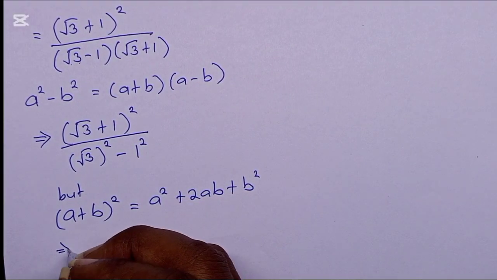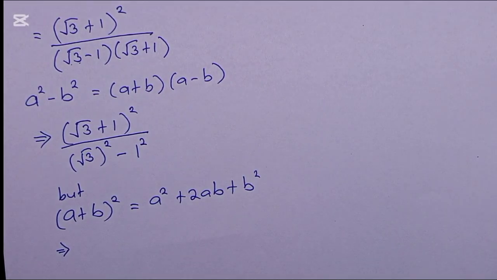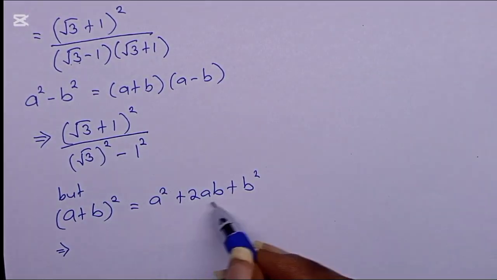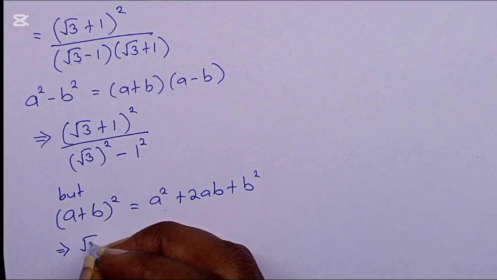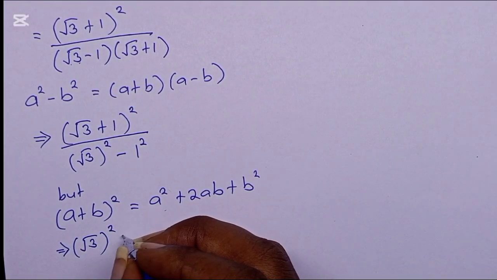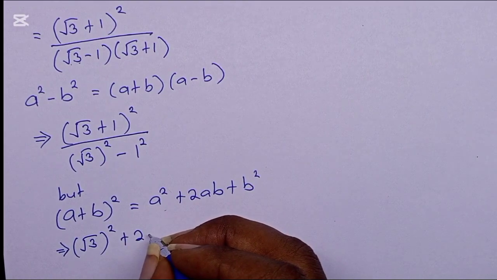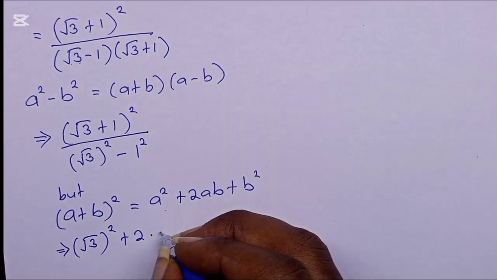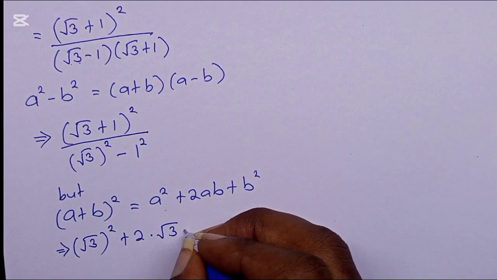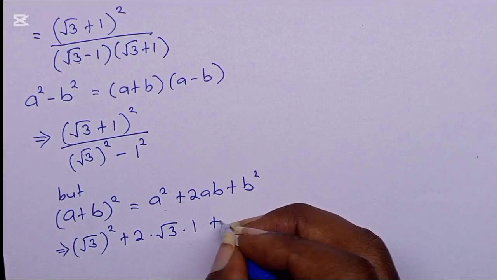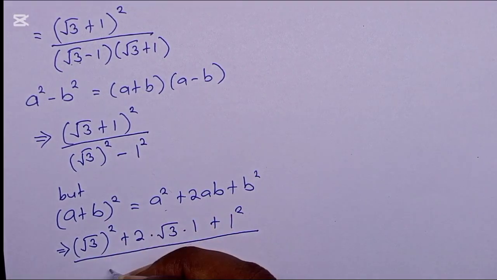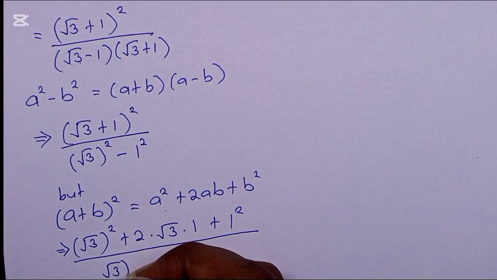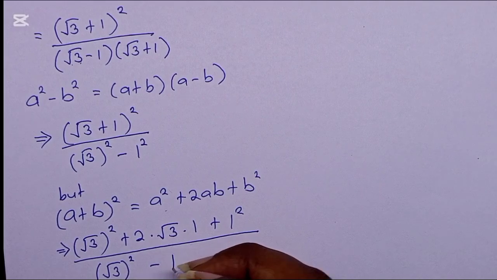So we shall have root of 3 squared plus 2 times a, which is root of 3, times b, which is 1, then plus b squared, which is 1 squared, divided by root of 3 squared minus 1.